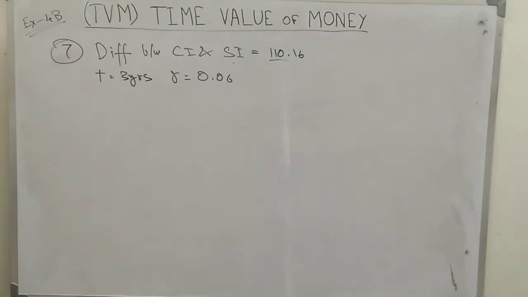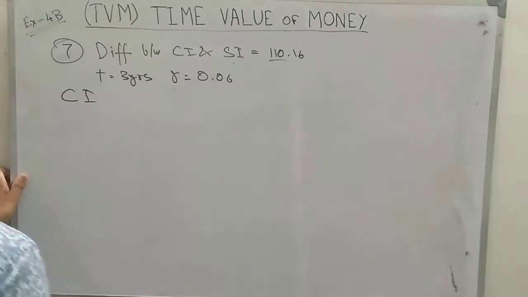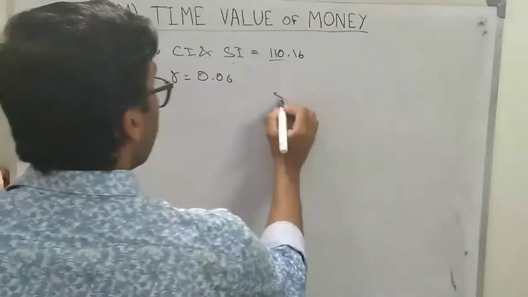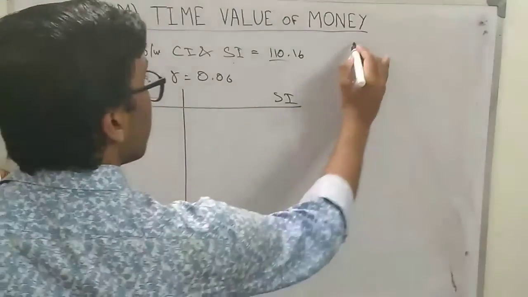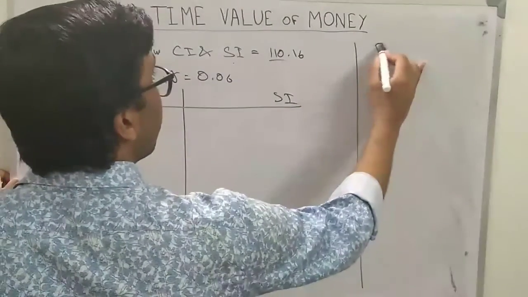Now we have to calculate it. We will use each and every option to see which answer is correct. Now first let us separate: this is the compound interest part, this is the simple interest part, and this is the rough portion.